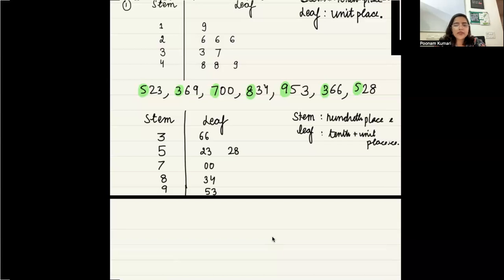So you can take up one example. Which is something like, okay, we need a decimal, right?